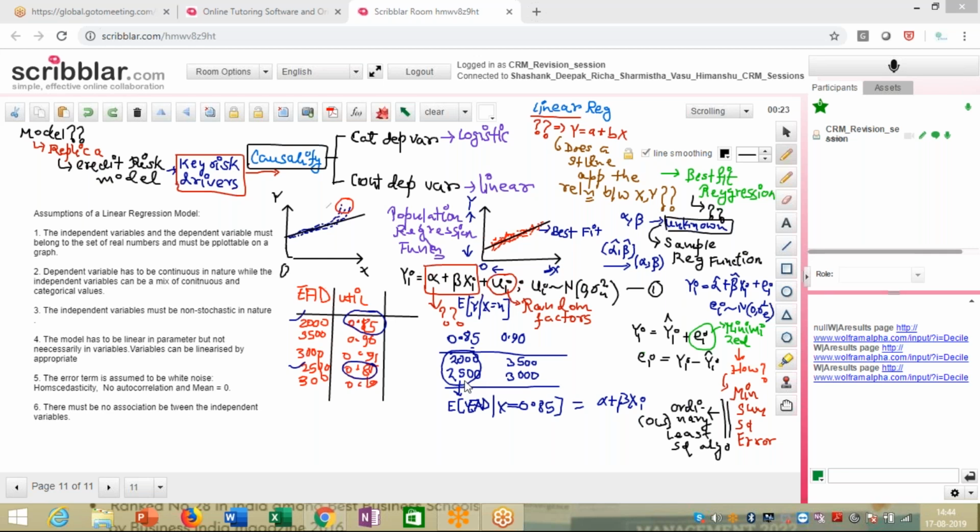Whatever samples 0.85 comes from, it is always 0.85. So in other words, the variables in this linear regression model should not come with any distribution. Correct.